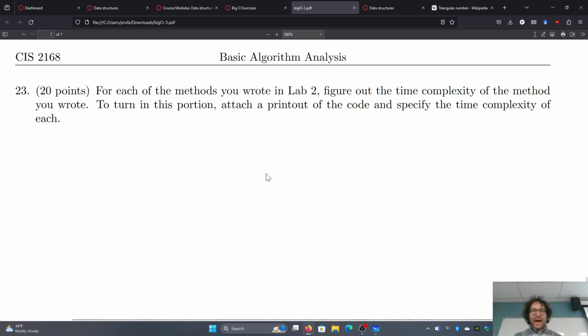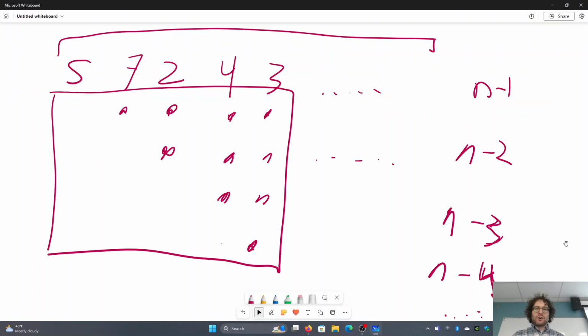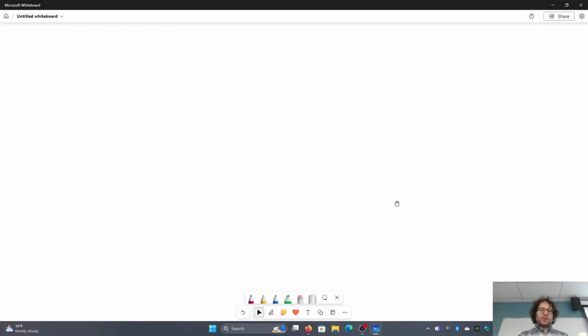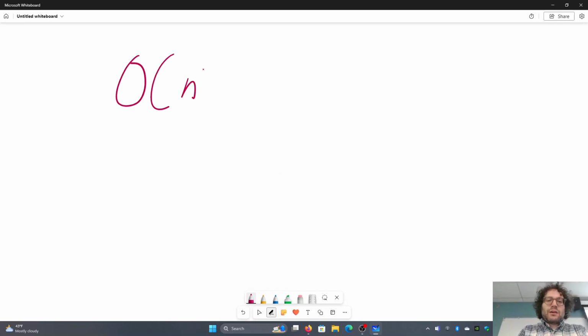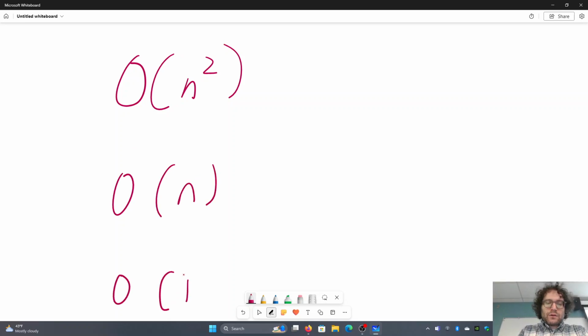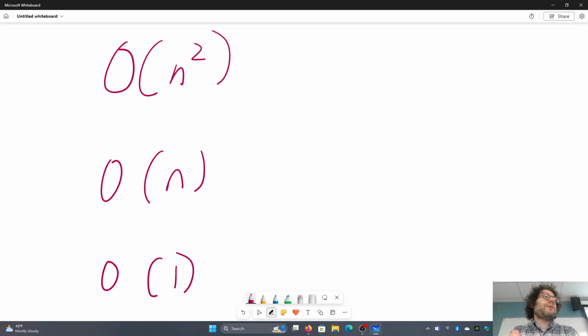Now, in our class, with data structures, we will be dealing with a grand total of, I think, 5 runtimes. To begin with, we're just going to be dealing with very basic runtimes: O of n squared, O of n, and constant time. Those are the ones we primarily use until we get to trees. Okay?